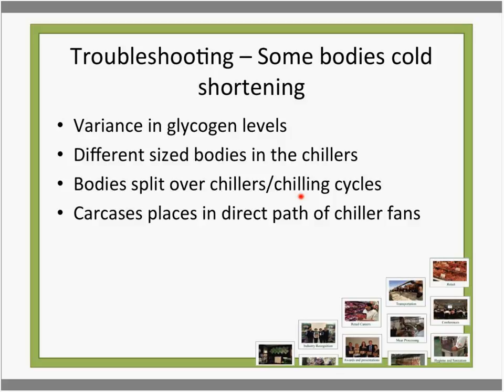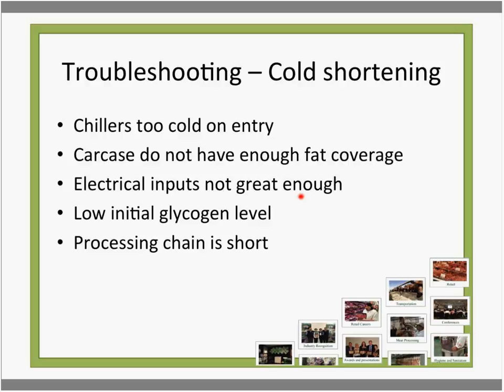If the carcass is placed in the direct path of a chill gun, it's obviously going to be chilled quicker than those that aren't. The chiller being too cold, I think, was mentioned too. And then again, there's not enough fat cover. The opposite of everything we've said for heat shortening.